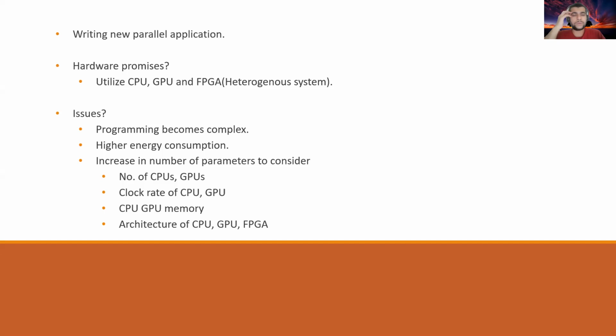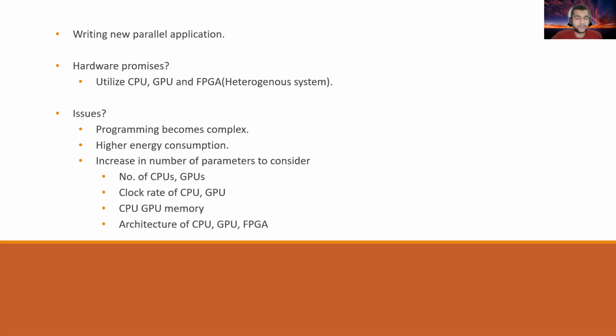Now, with this kind of system, there are also a lot of issues. The programming becomes complex. Obviously, if there are so many processing units, at each step while you're writing code you have to keep in mind that you have these many available units, and make sure that you take advantage of all of those. Also, if all of these processing units are running, it's obviously going to increase the energy consumption.